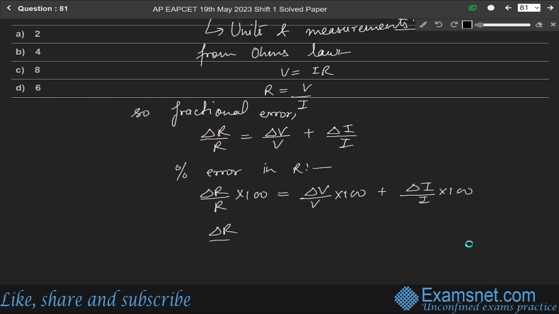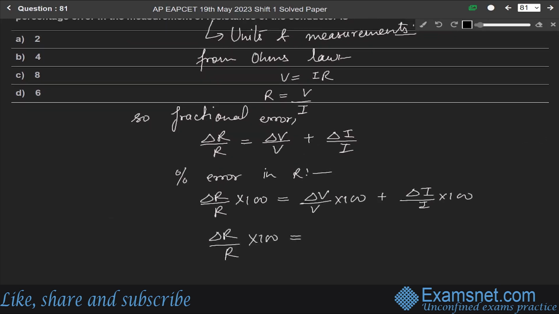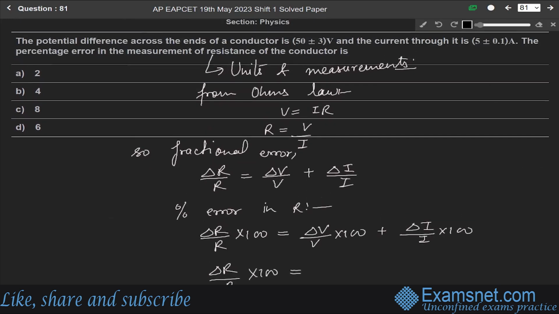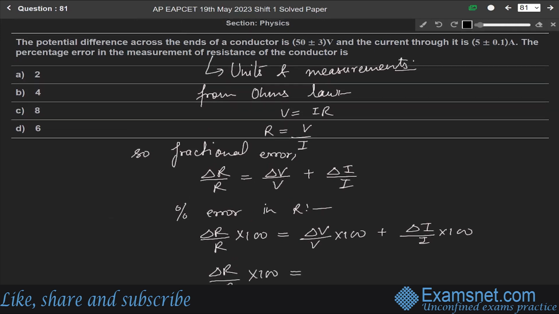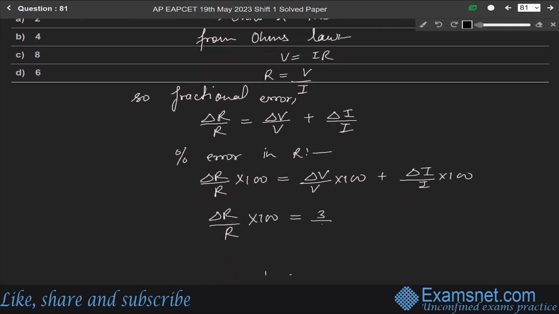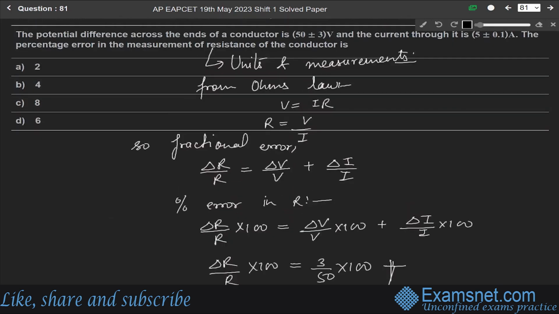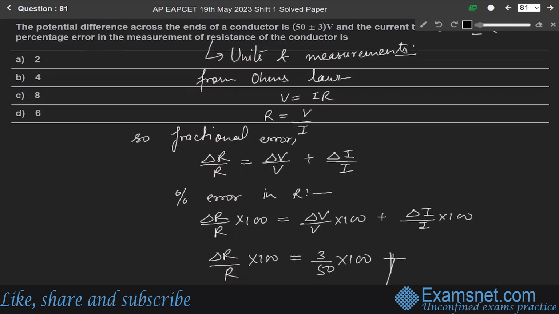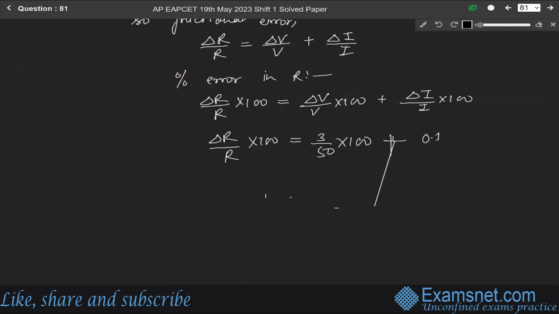So del R over R into 100 will be equal to del V over V, means 3 over 50, so 3 over 50 into 100, plus del I over I, means 0.1 over 5, 0.1 over 5 into 100.